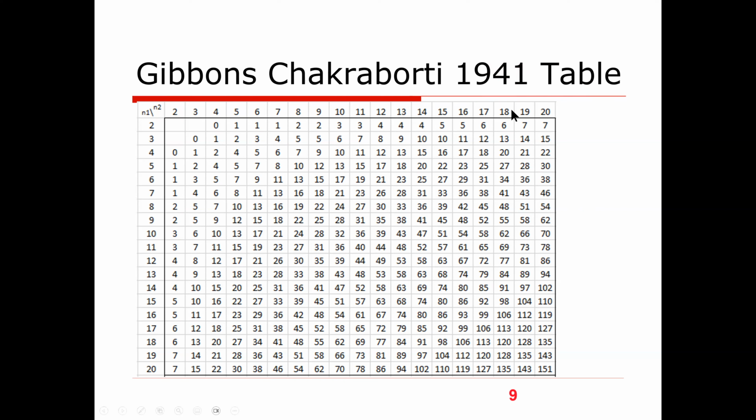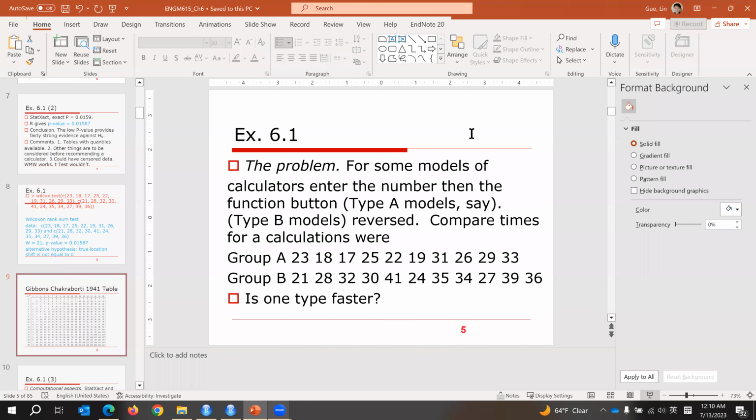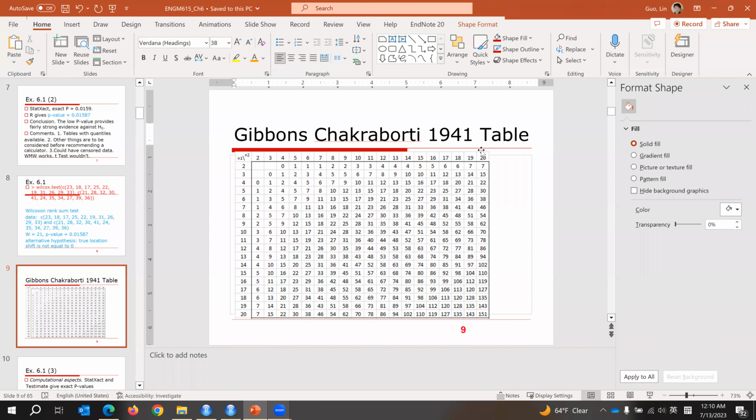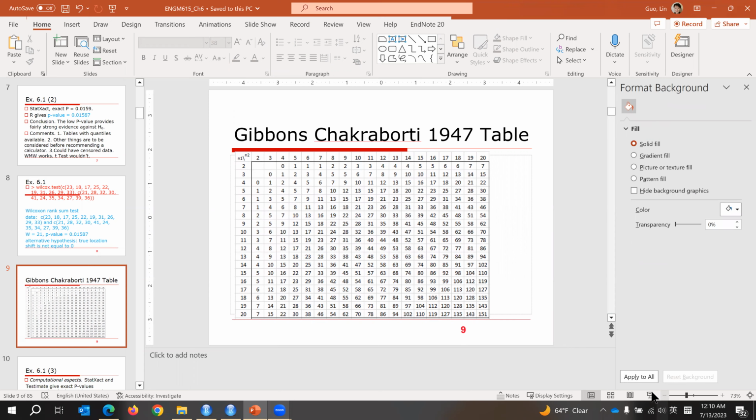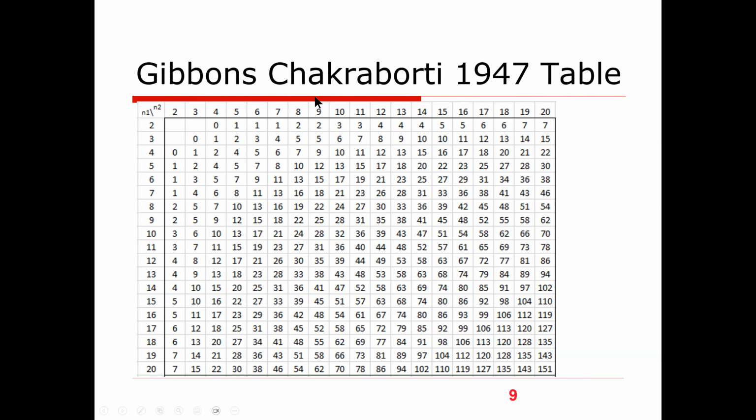This should be 1947. Because the Wilcoxon rank sum test was proposed in 1947 by Wilcoxon, and for this Gibbons Ch6 table there are two people who proposed this method based on Wilcoxon's method, and this table was made in 1947.